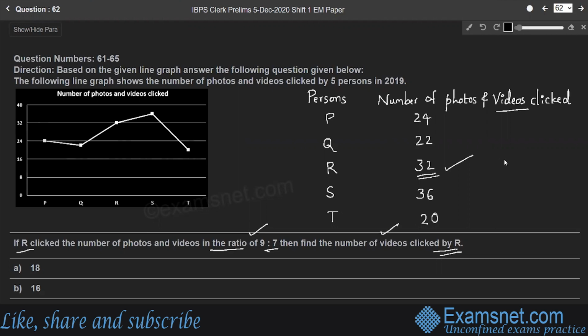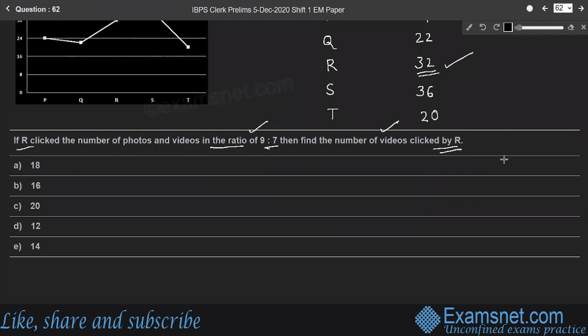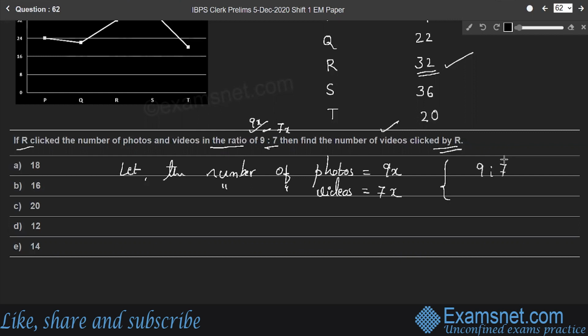Since the photo to video ratio is 9:7, let the number of photos be 9x and the number of videos be 7x, because they are in the ratio 9:7, right?